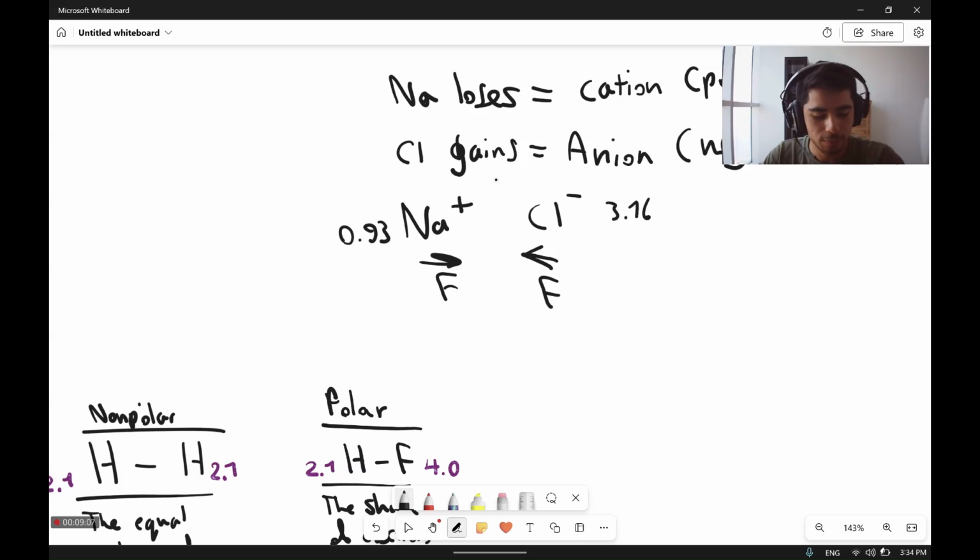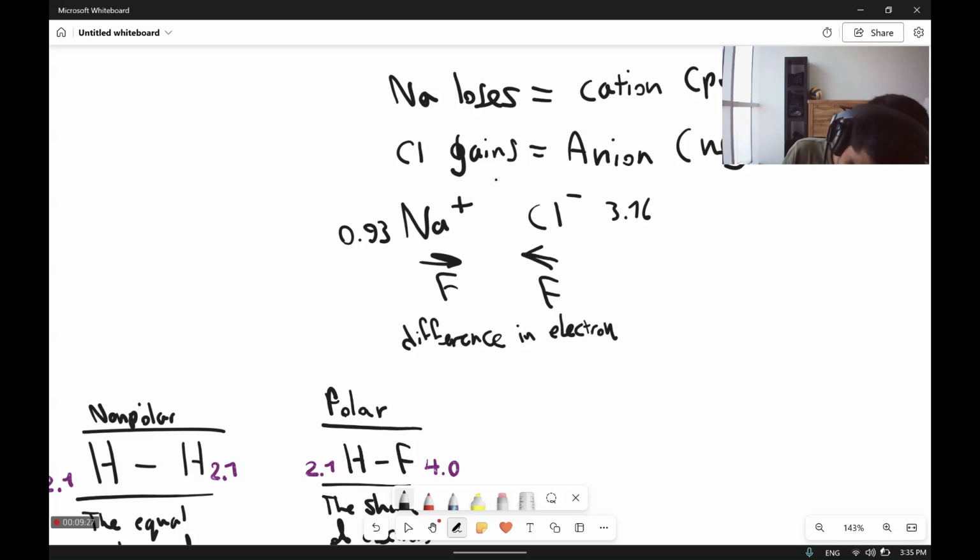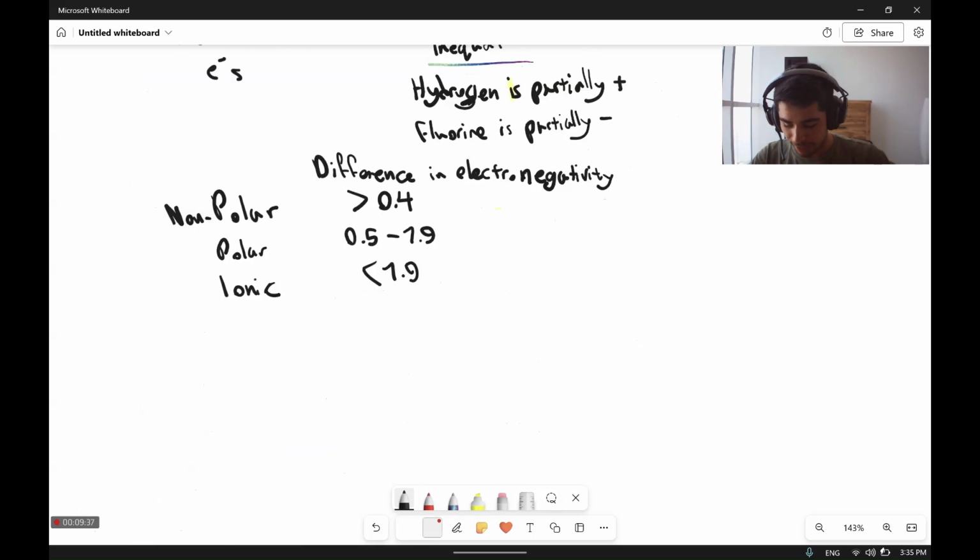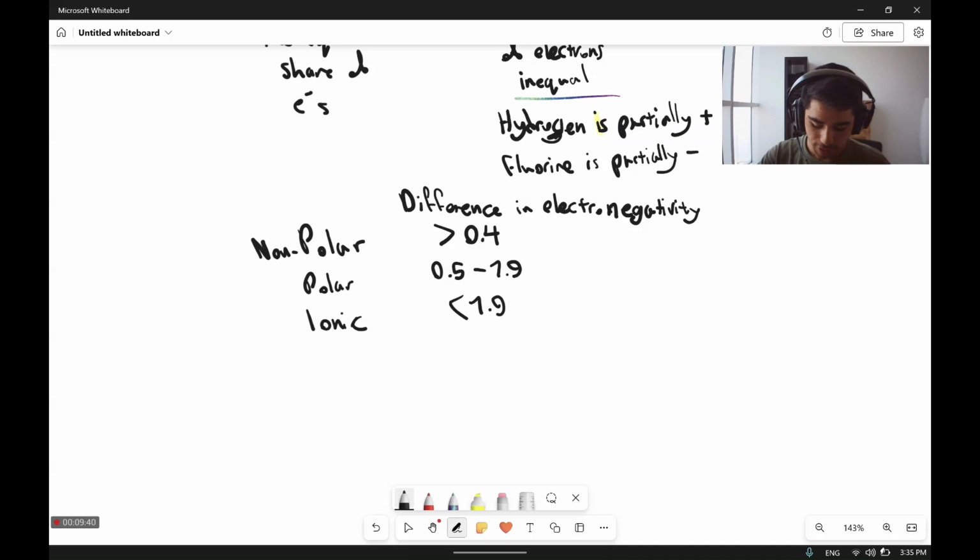So just imagine 3.16 minus 0.93 is 2.23. So the difference in electronegativity is 2.23. Looking at our table back here, you'll know that 2.23 counts as an ionic bond, and that's how you figure it out.